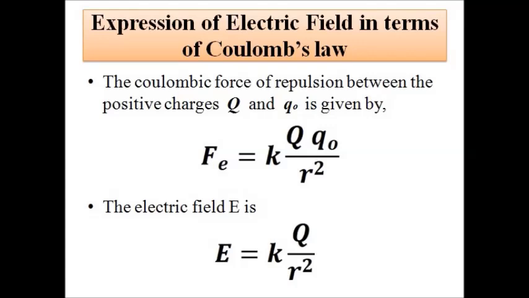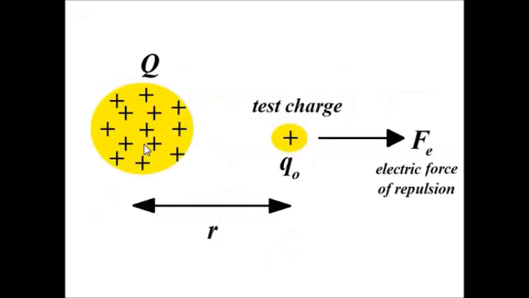Now let us try to express electric field in terms of Coulomb's law. We have already discussed Coulomb's law, which gives us the mathematical representation of the electric force, whether it is attraction or repulsion, between two charges separated by a certain distance. Let's say this large positive charge and this small positive test charge are separated by a distance r.